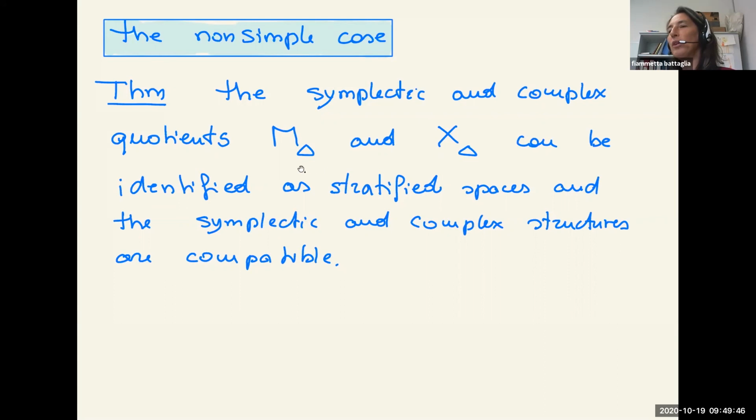These two stratified spaces can be identified by a map that respects the stratification, and the symplectic and complex structures are compatible, meaning that the map identifying the two spaces, when restricted to the strata, really gives a diffeomorphism in which the symplectic and complex structures are compatible. And so I think I can stop here. Thank you very much for your attention.